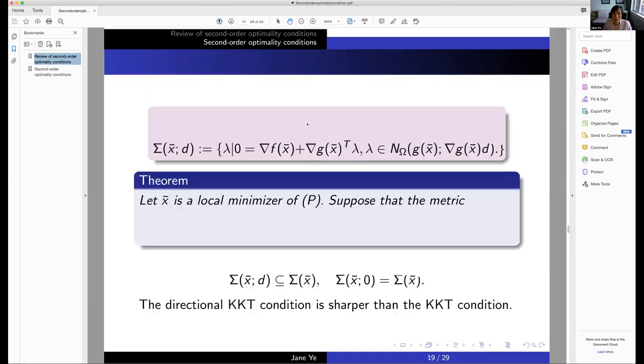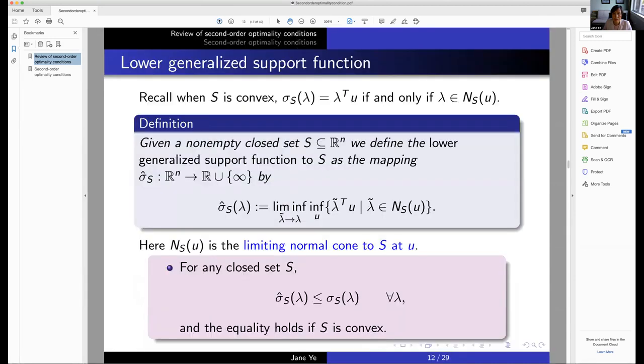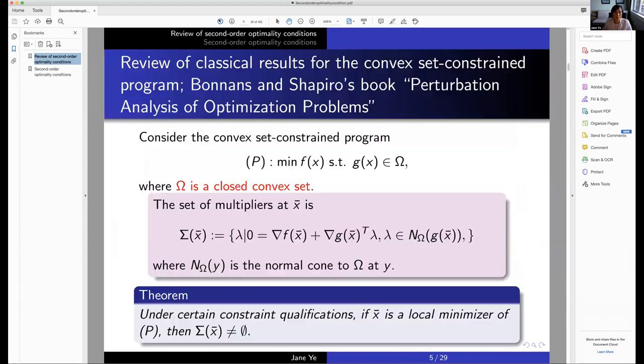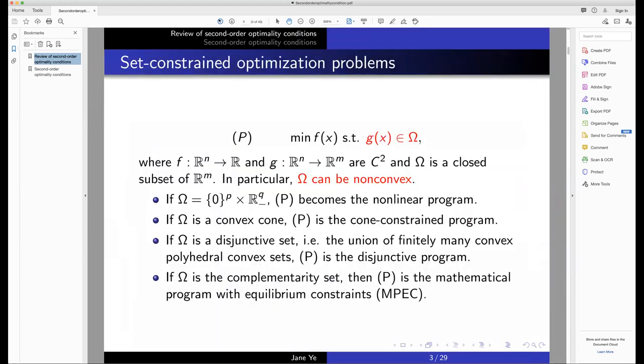So my problem is this. What I'm saying is that you have Gx belongs to omega, and you write this as x belongs to omega bar.